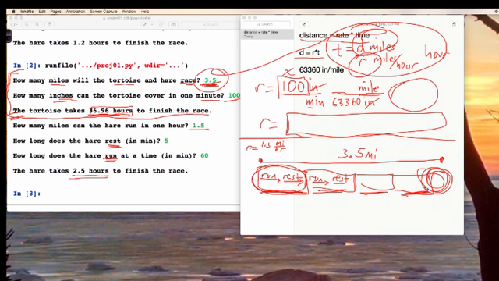Play around with this until you get that worked out. What do we have here? One thing that's very nice in Python is we have a double slash, which gives me the quotient when I do a division, and we have percent, which gives me the remainder. You want to use those two.